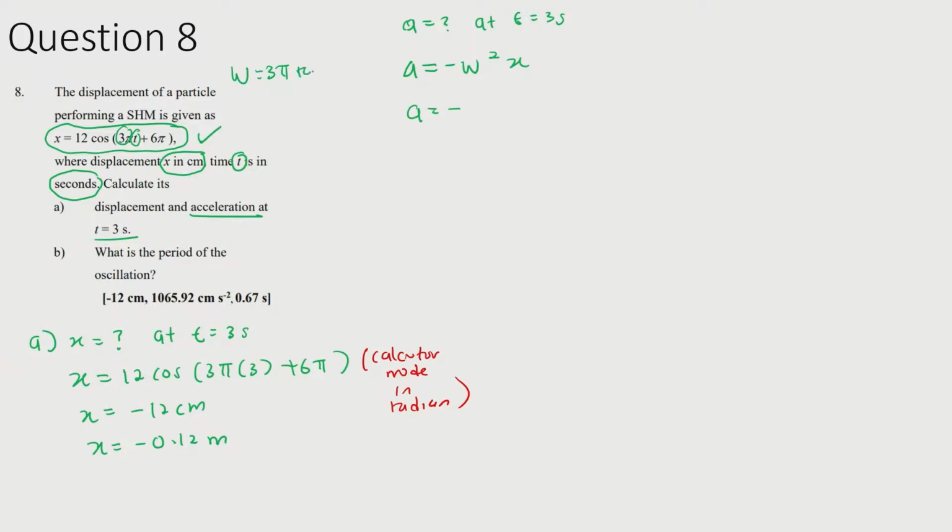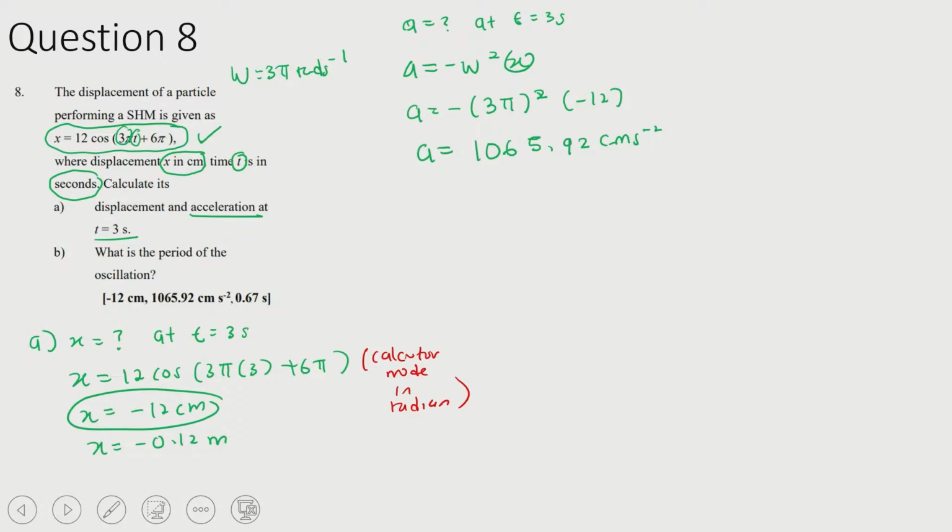So, we substitute with 3 pi squared. And then the x is the displacement we got from here, which is negative 12. This will give you the answer of 106.592 centimeter per second squared. So this is the first way.